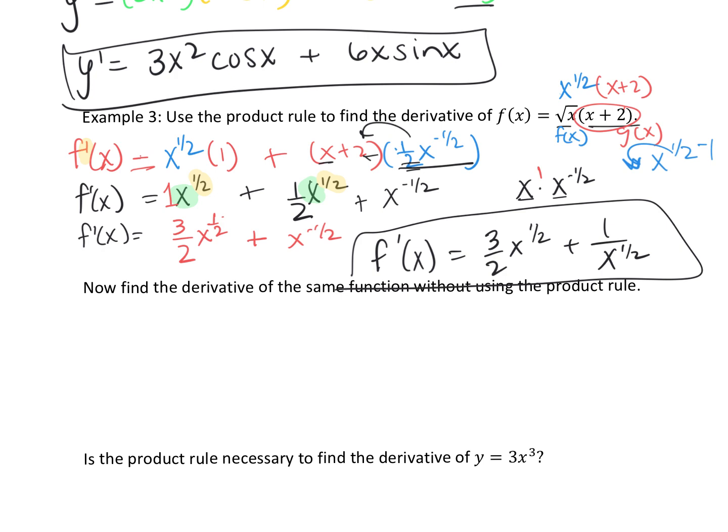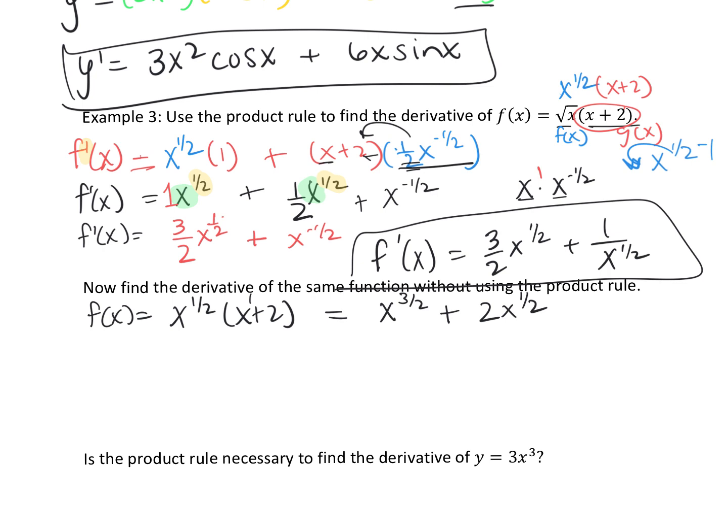So I have f of x equals, so if I distribute x, I'm going to leave it like this before I distribute. So I'm distributing this, so that's going to be x. Again, 1/2 plus 1 is 3/2, plus 2 times x to the 1/2.